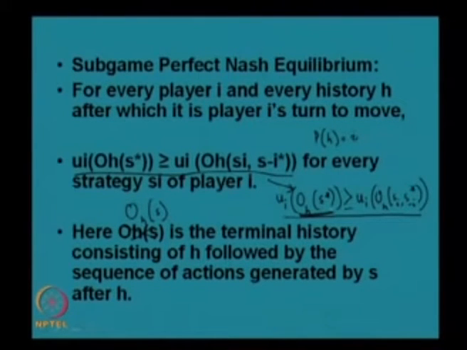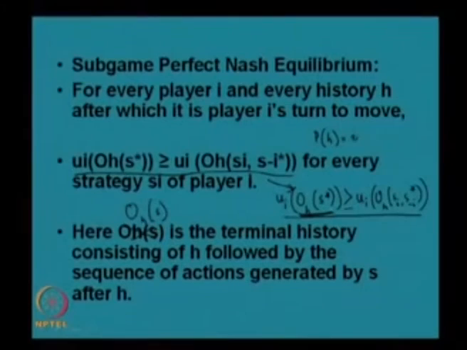So, if I take any strategy profile s and any non-terminal history h, then O_h(s) gives me that terminal history which is generated by this strategy profile after this non-terminal history h has happened. Here we are talking about this equilibrium strategy profile s star.